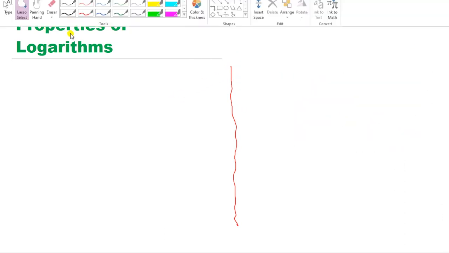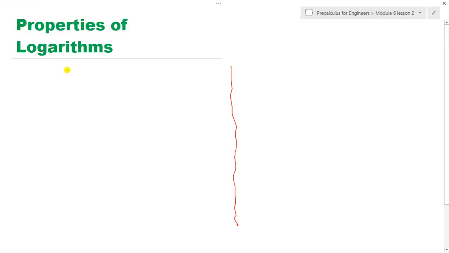On the left side we write the common logarithm, and on the right side, the natural logarithm, or ln.